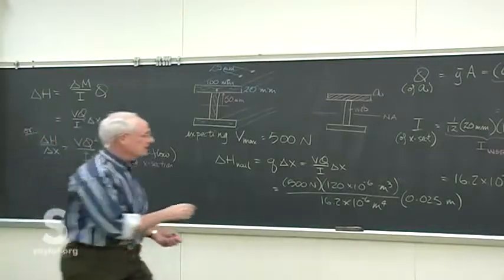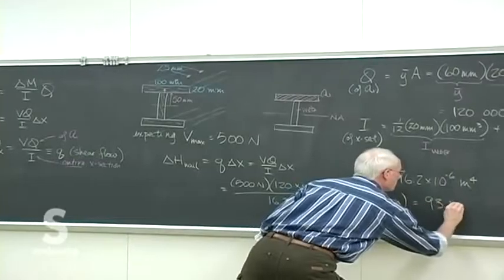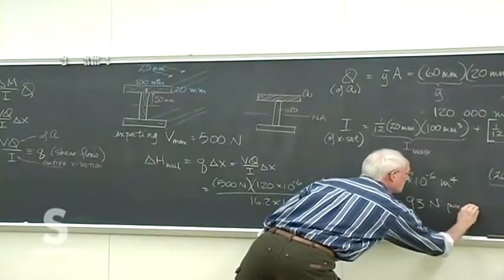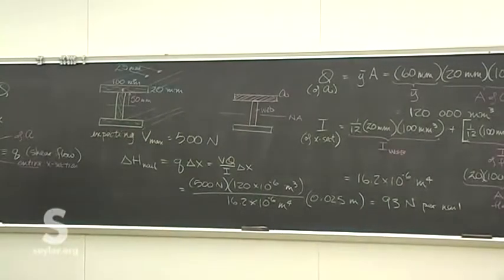We get 93 newtons per nail. And now we can make sure we've got nails that are of such a material and such a cross-sectional area that they can withstand the shear stress.